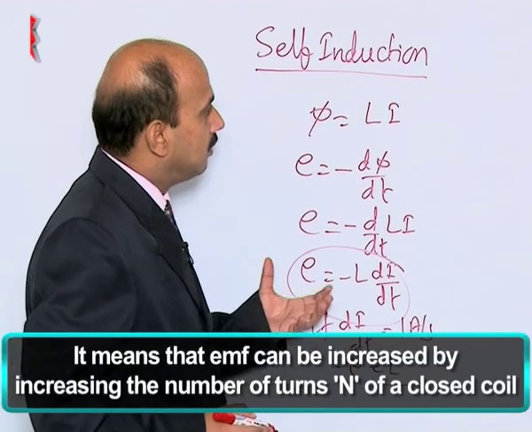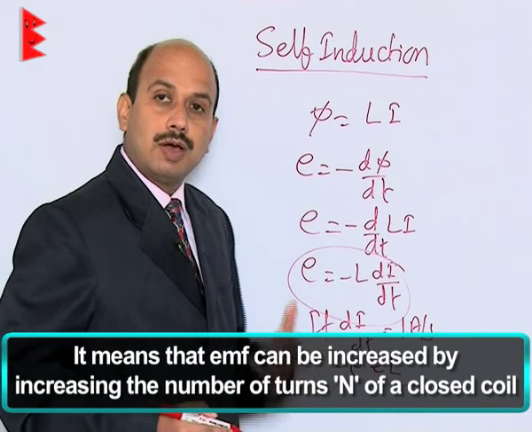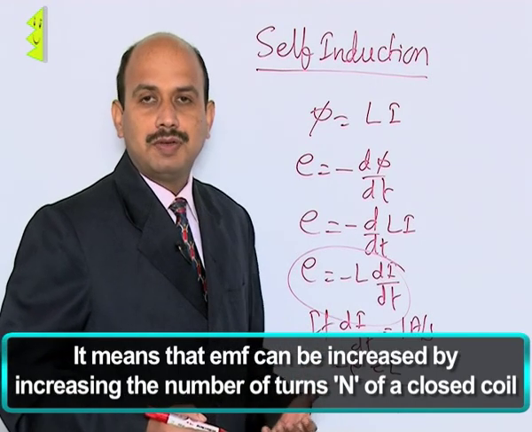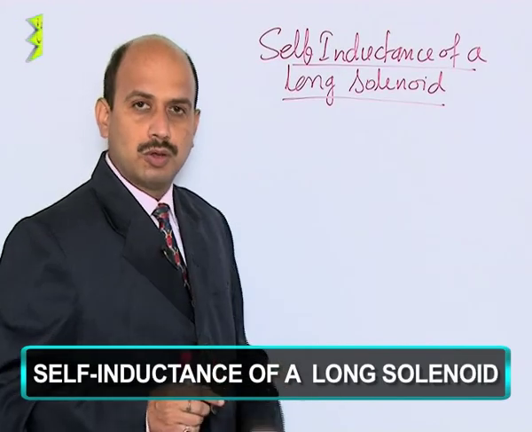So now we have done the self induction, and now we have to find out the coefficient of self inductance of a long solenoid. Now see, self inductance of a long solenoid.